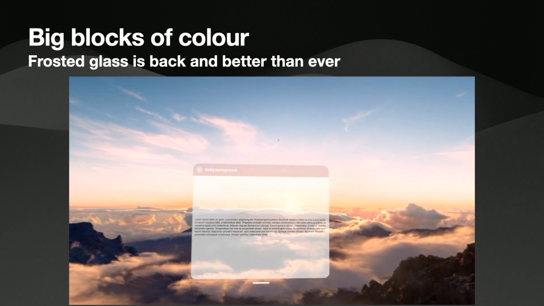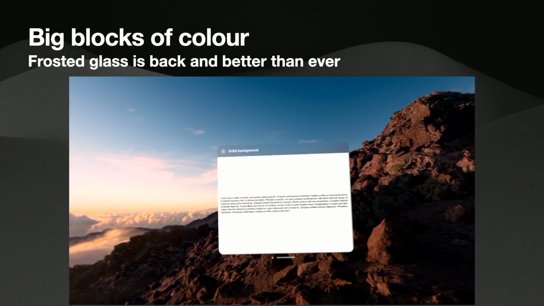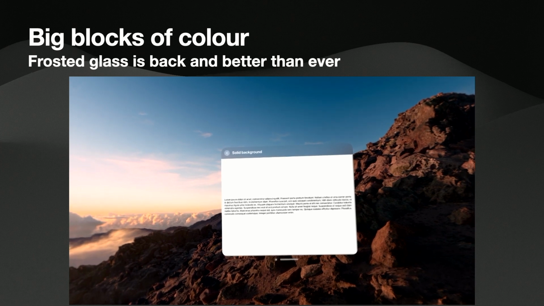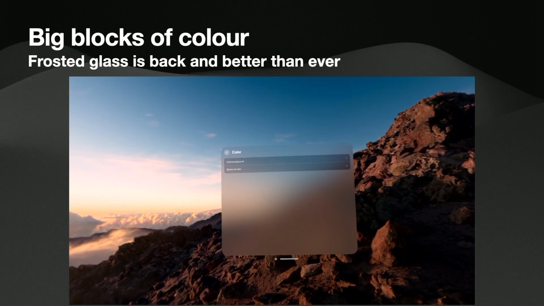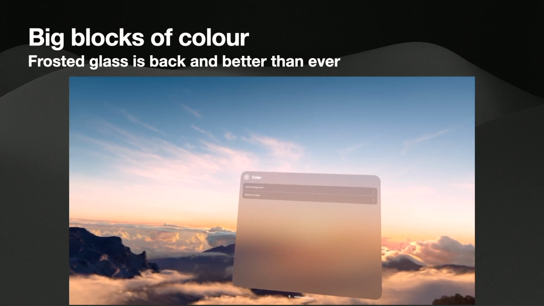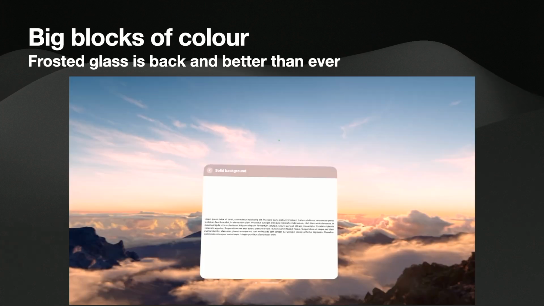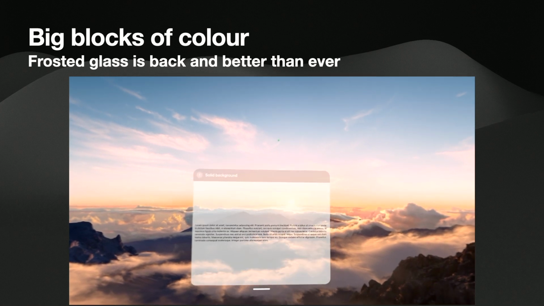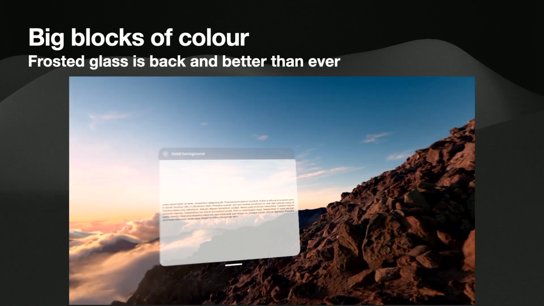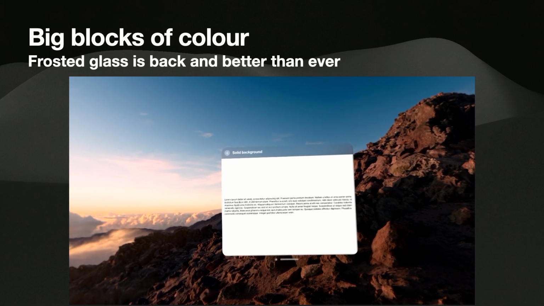So the next thing you're going to notice is big blocks of color look really bad on visionOS. A lot of apps will have solid backgrounds for views, and it looks really bad. visionOS, like I said, has that frosted glass effect for a lot of things with different levels of opacity to separate elements. And this allows some of the backgrounds to bleed through.